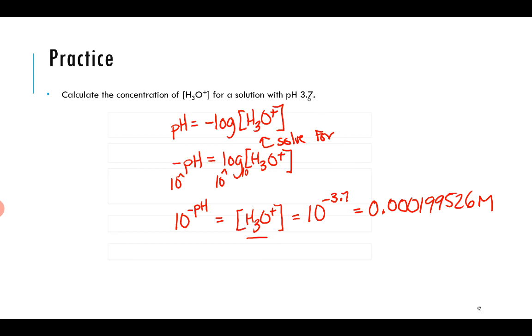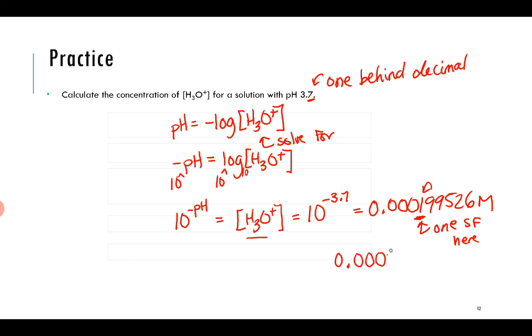And as far as significant figures goes, there's 1 behind the decimal in my pH. And so that means I need to round this so that there's 1 significant figure in the molarity. So I need to round up, and so that will be 0.0002 molar.